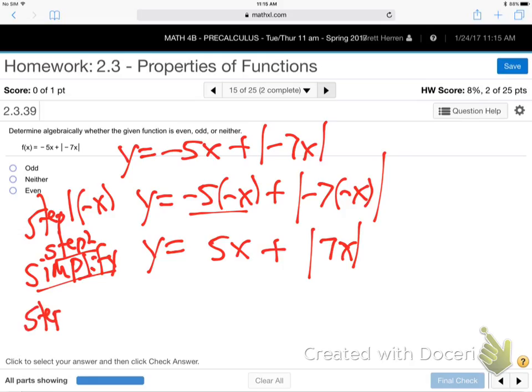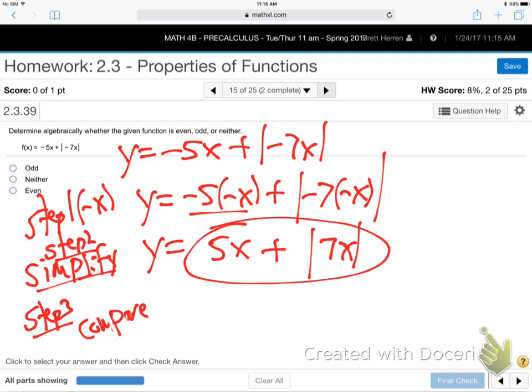Step 3 is compare. So how does this compare to the original? So there's 2 things. Is it exactly the same as the original? No. It's not the same because there's no negative in the 5x.